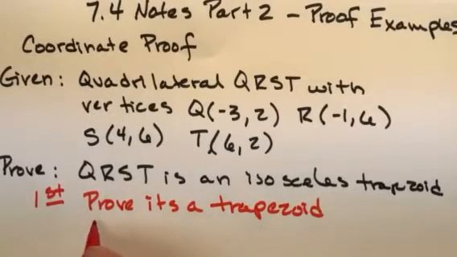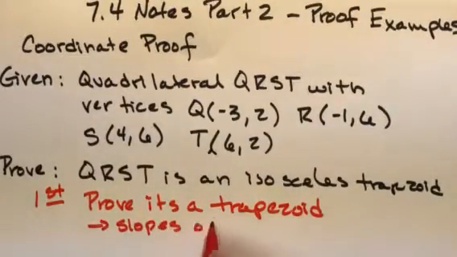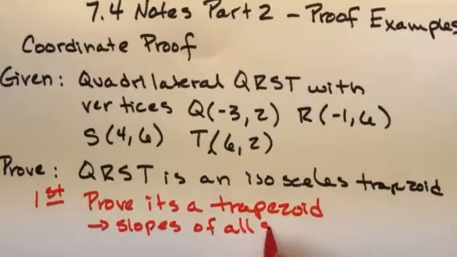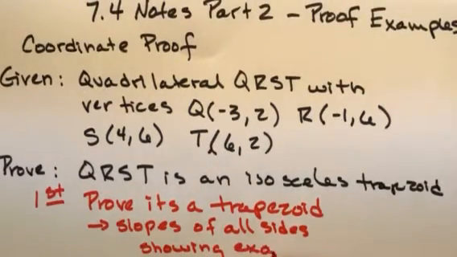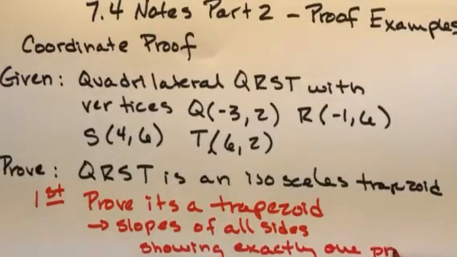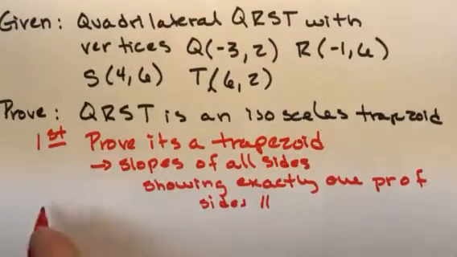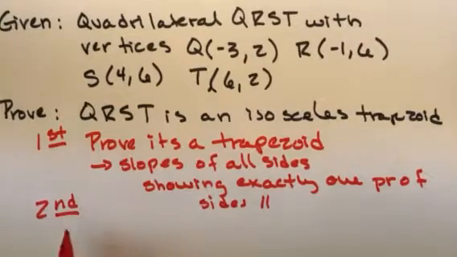The most straightforward way to do that is to do the slopes of all the sides and use that to show that exactly one pair of sides is parallel. Okay, the second thing I'll have to do after that is show that it's isosceles.